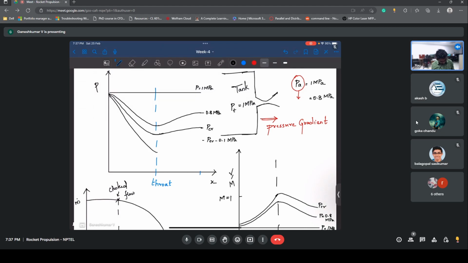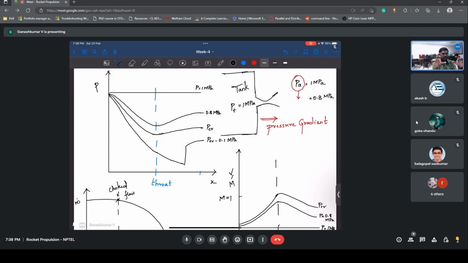So I will keep moving, and then at some point I have to reach the ambient pressure outside. So suddenly I need to change it, and it puts a shock wave here, and the flow reduces, becomes subsonic, and then it reaches the ambient pressure.